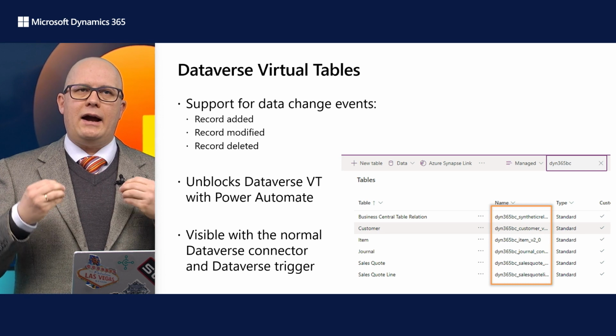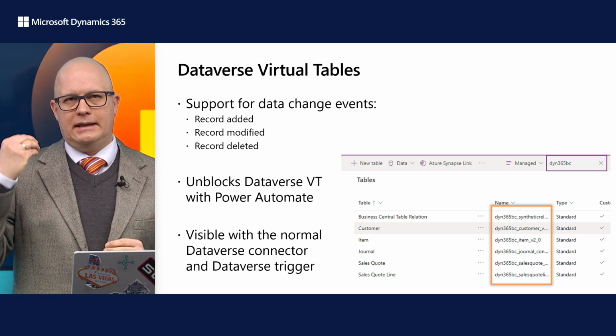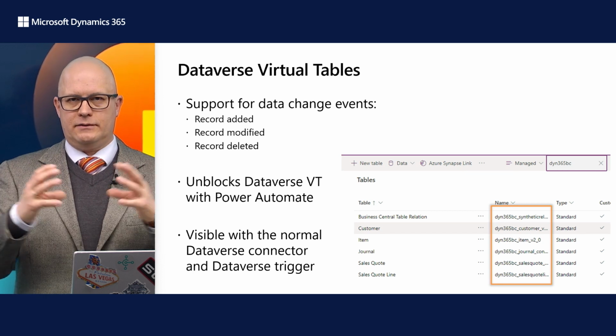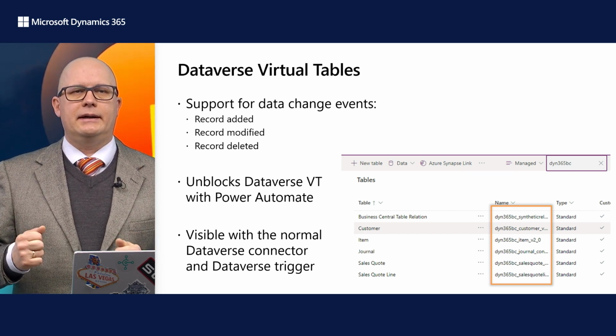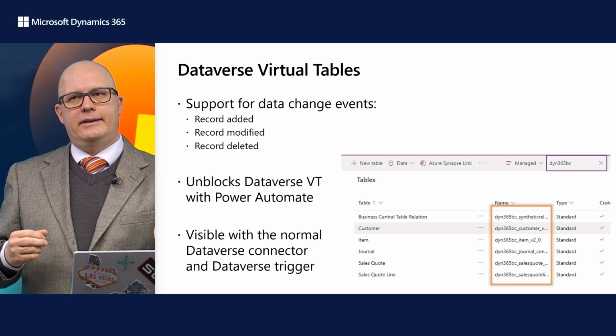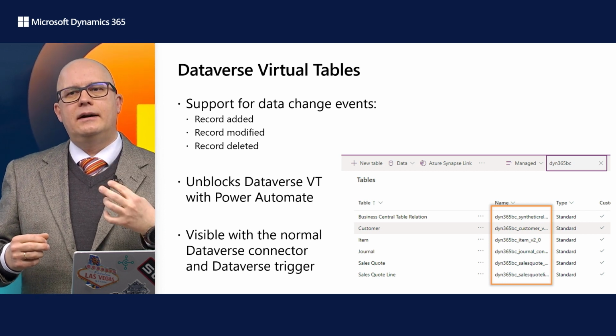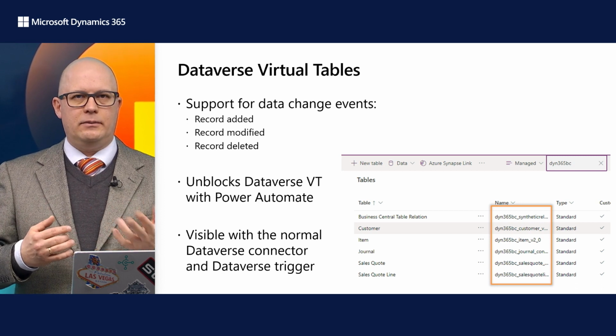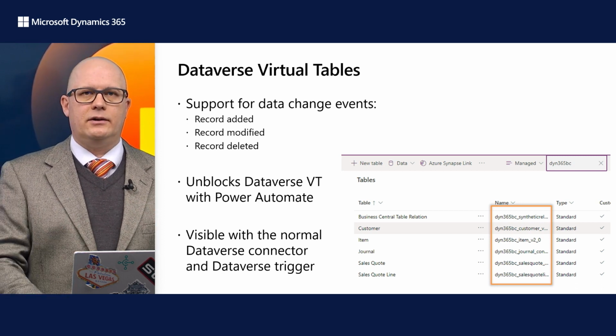In this release, we have added data change events to this virtual tables capability, and that opens up the same or similar interactions with Power Automate that you might imagine or that you have seen earlier today.